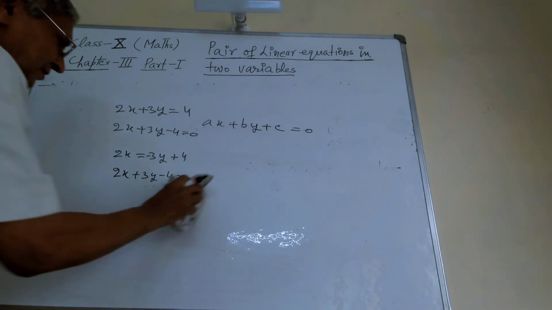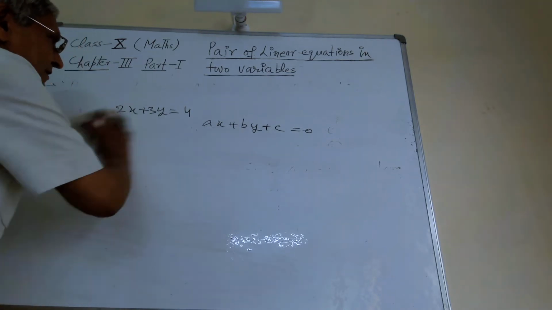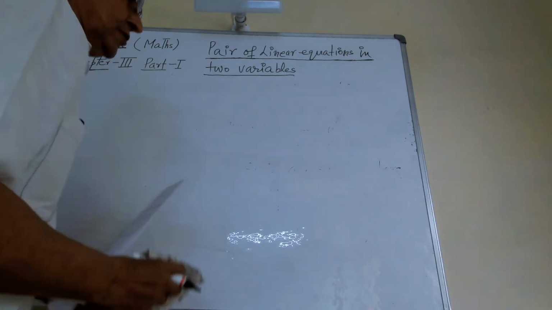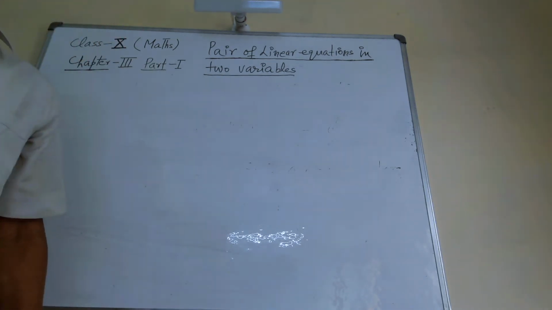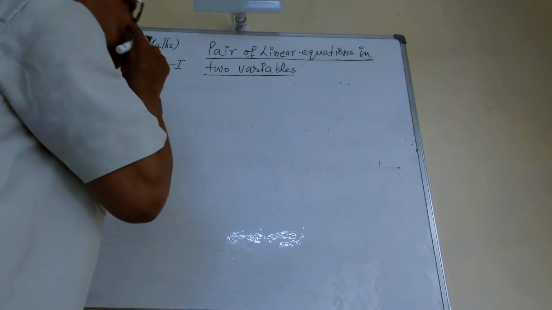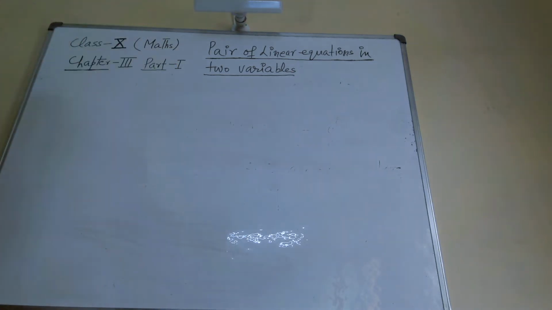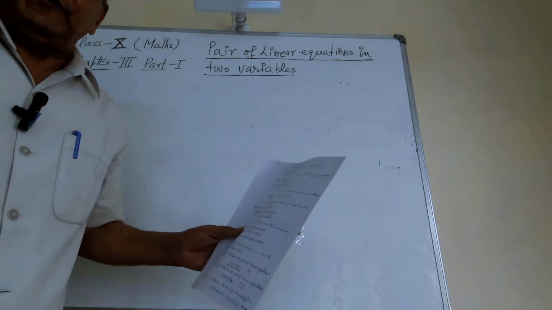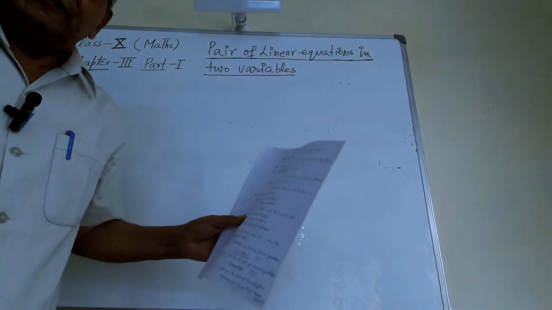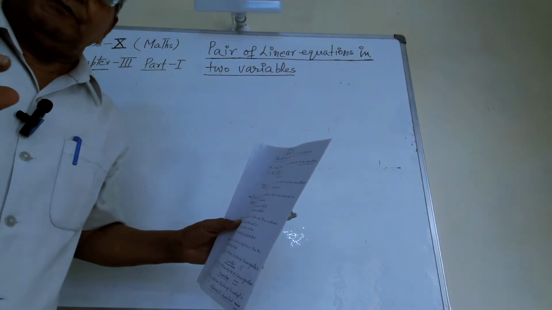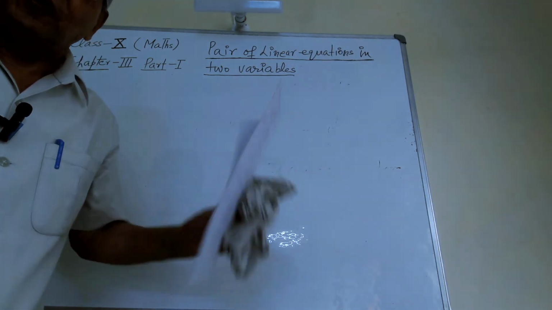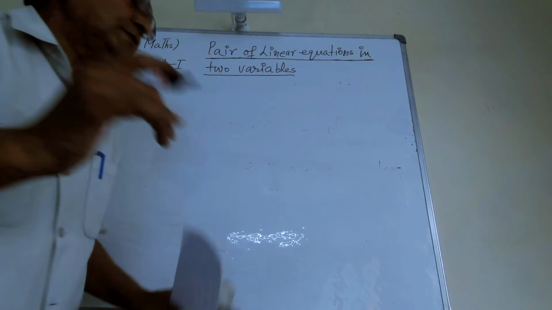So my dear students, today we are going to solve two linear equations in two variables. First of all I am writing the two equations, and then the condition. By that condition you can check whether these equations can be solved or cannot be solved.